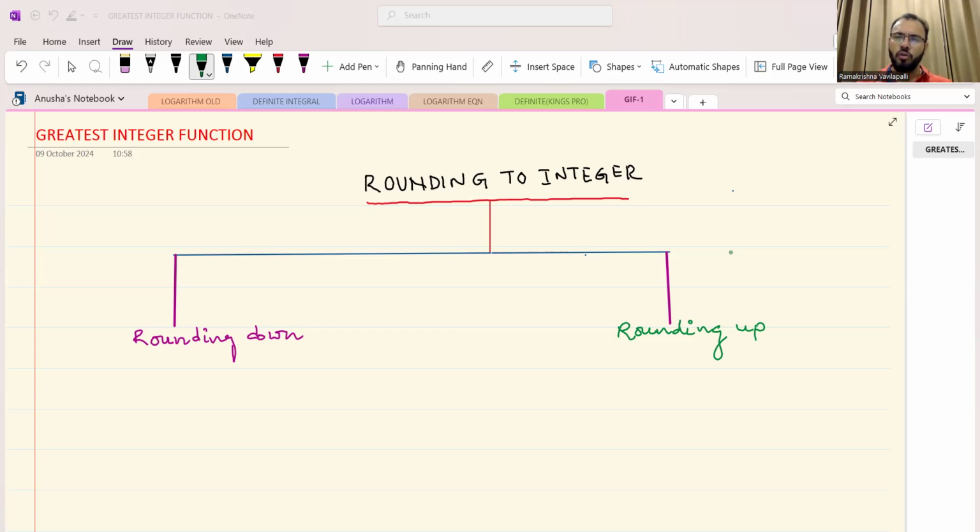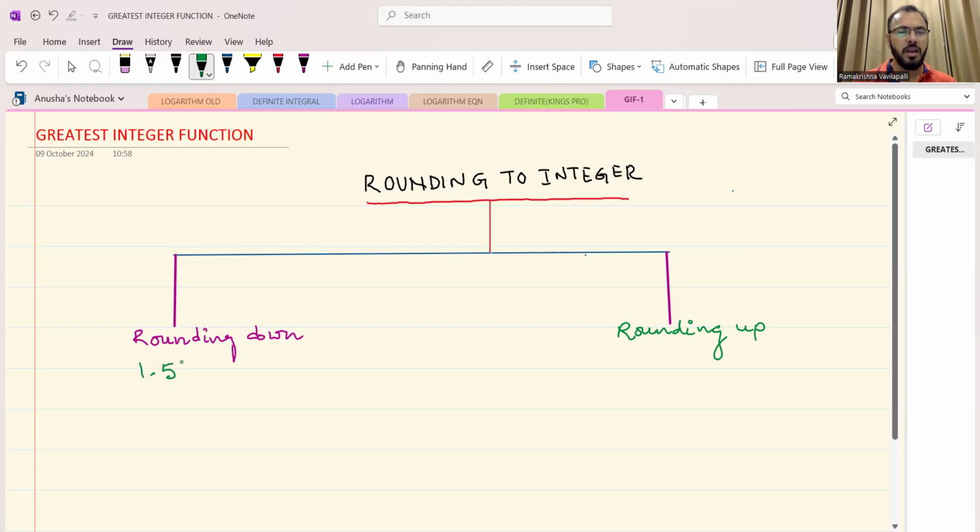If you are rounding to the lower integer, then we call it rounding down. If you are rounding to the upper integer, then we call it rounding up. So rounding down, for example, I'll give an example.